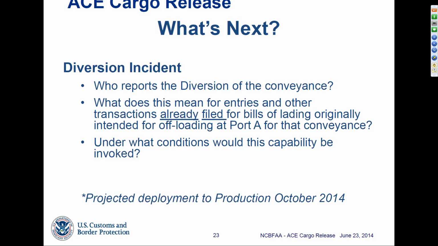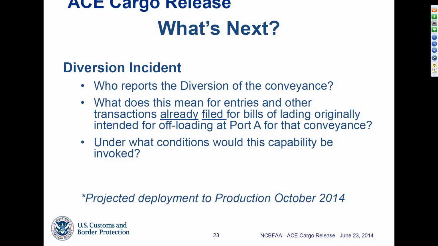So what happens today when you've filed all these entries in advance and the day or two days before, that vessel can't call Port A and that merchandise is now going to be offloaded to Port B? What happens today without all this electronic cancellation possibility is a lot of manual cancellations, after which you had to refile at another port and then make arrangements to do inbonds to go someplace else.